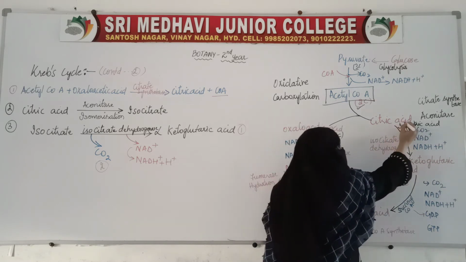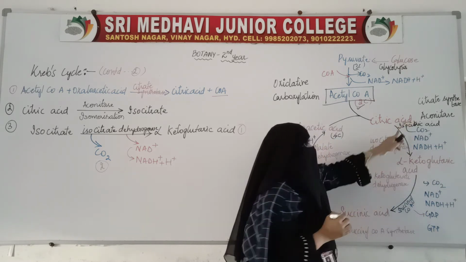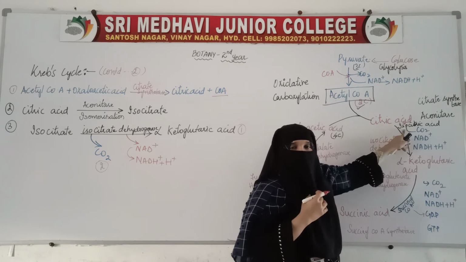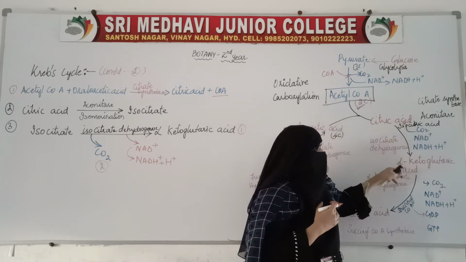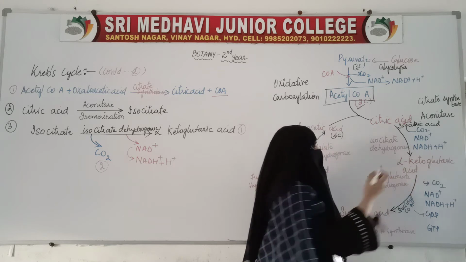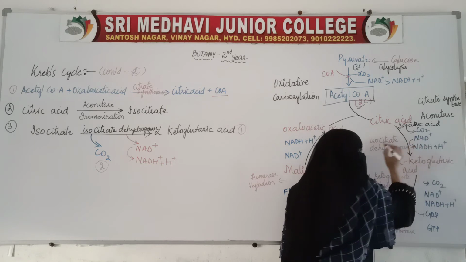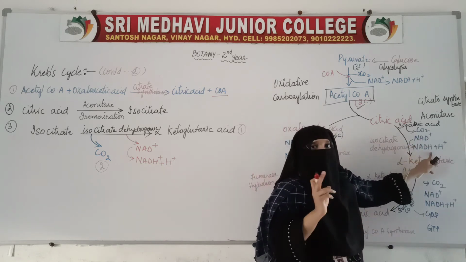First, citric acid changed to its isomer, that is isocitric acid or isocitrate. This isocitric acid is again changing into alpha ketoglutarate acid with the release of a carbon dioxide, and NAD plus is changing into NADH plus H plus.